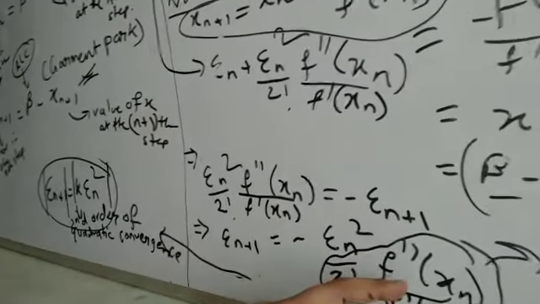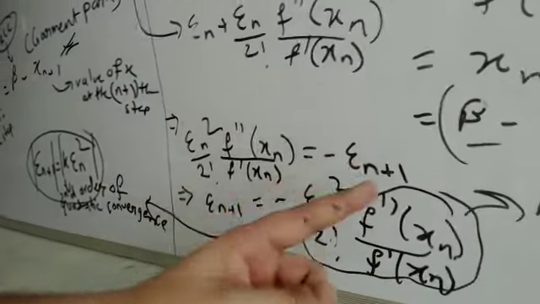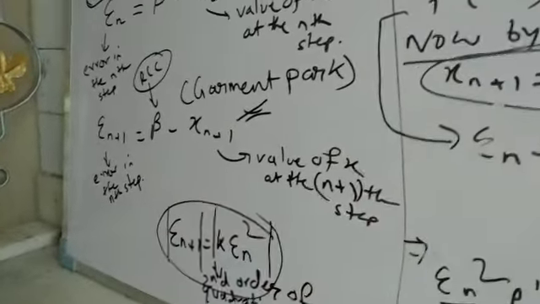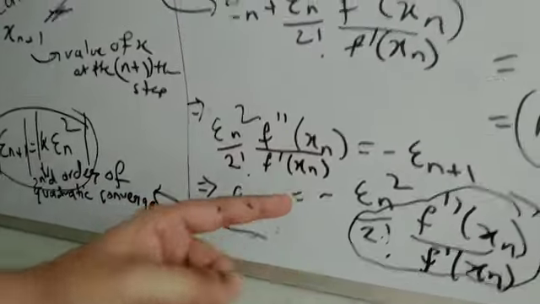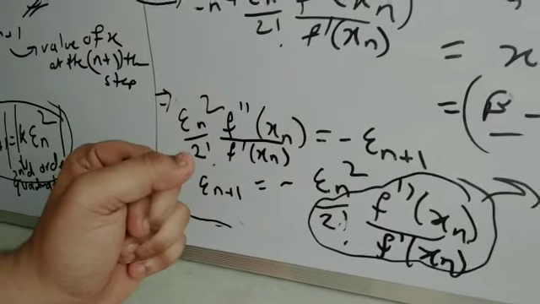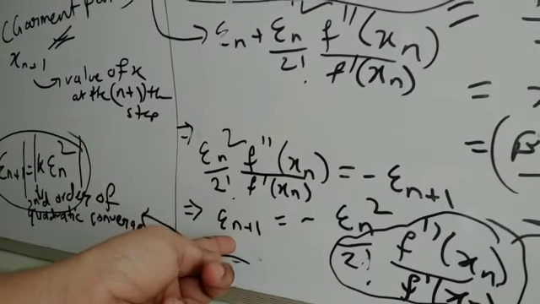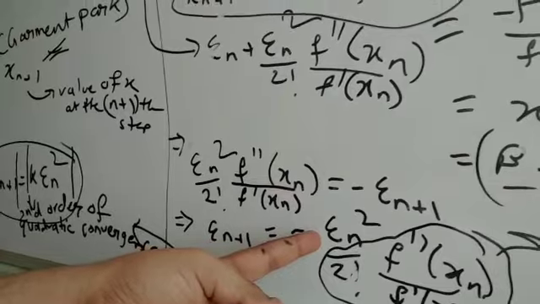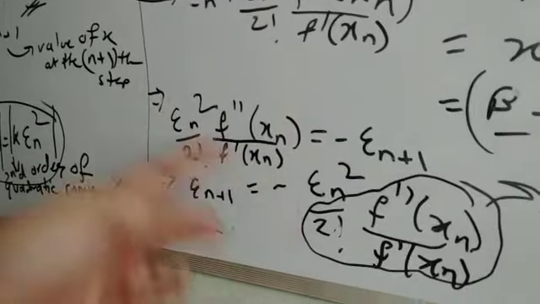Now see, f double dash xn by 2 f dash xn is basically constant. 2 is constant, f dash xn is also a constant. So I am replacing this whole part by another constant, say c. So the error in the n plus 1 step is practically proportional to the square of the error in the nth step. So as we proceed, my error is having a quadratic relationship.